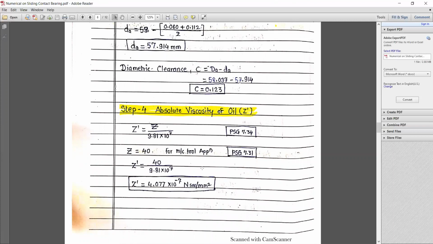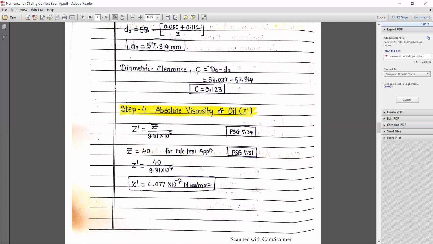Now the next one is to find the absolute viscosity of oil. As we know, from the PSG data book page number 7.34, the equation for absolute viscosity is Z dash equal to Z divided by 9.81 into 10 raised to 7.